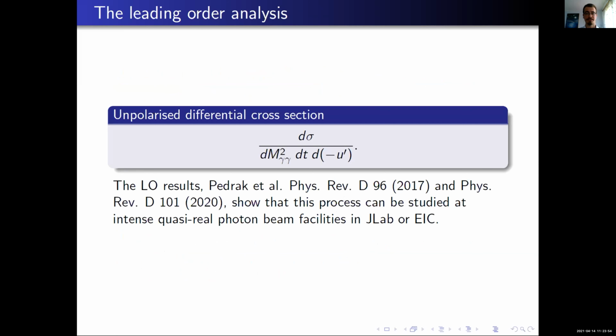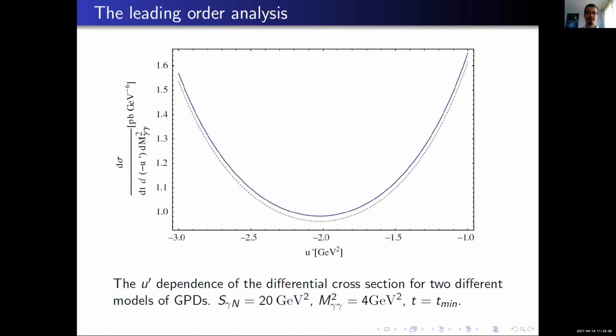And leading order results published in Physical Review D show that this process can be studied at intense quasi-real photon beam facilities at JLab or EIC. Let me show an exemplary plot from the site's work. We see that the differential cross-section at some reasonable scales is of order of picobarns times GeV to minus 6, which is small but measurable.